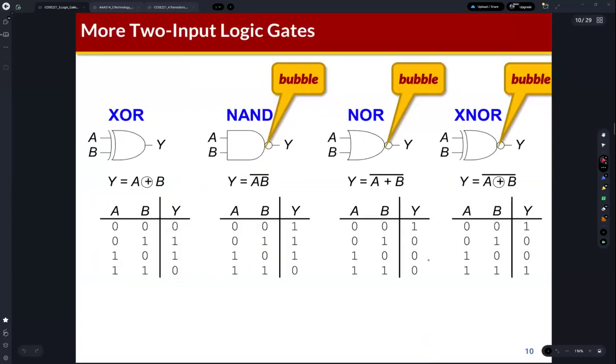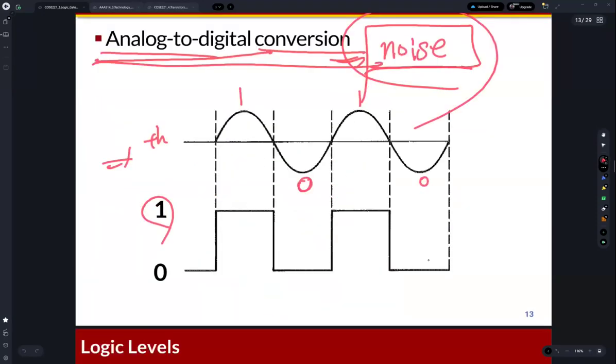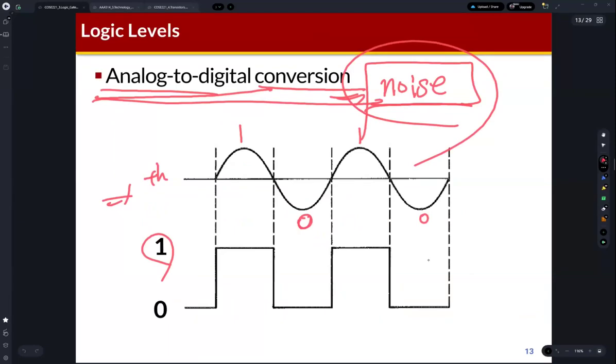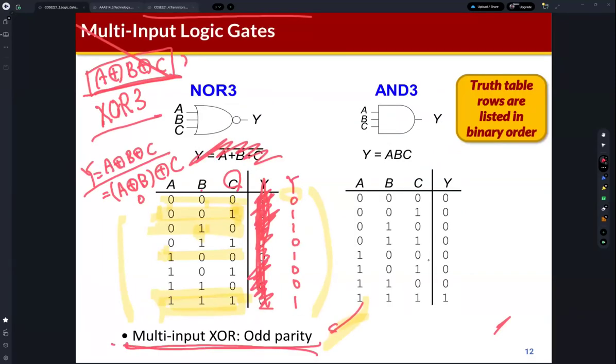And then, as I mentioned, our complex digital systems are built using these basic logic gates, right? So this is the starting point. It's very similar to how our complex mathematical equations are built from very basic arithmetic definitions, right?